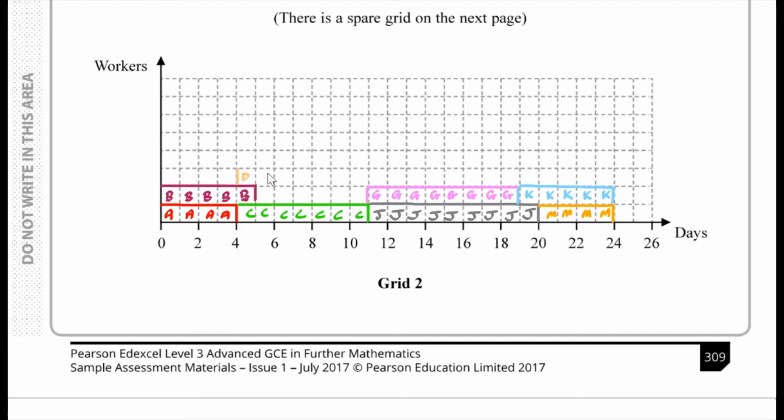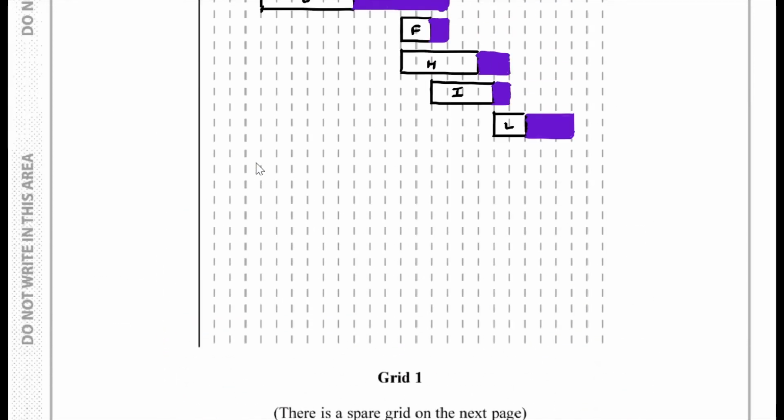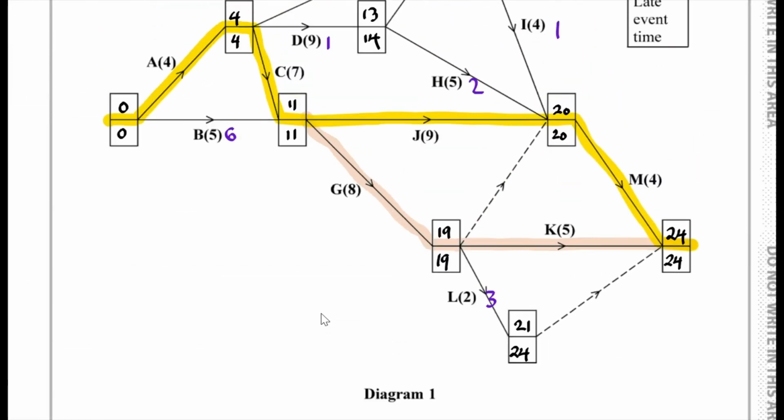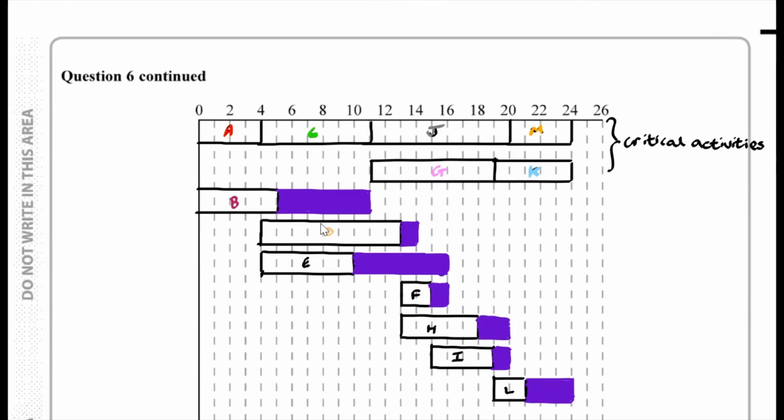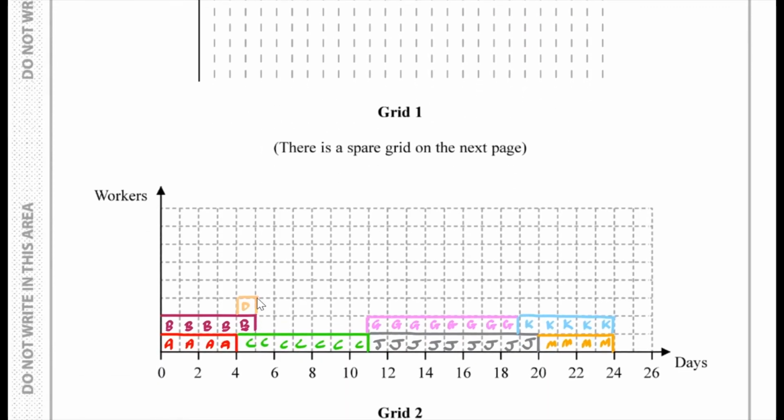And D has a duration of, if we go back, D has a duration of 9. So one of them days is taken up, so we have day 2, day 3, day 4, day 5, day 6, day 7, day 8 and day 9. So far we see that we require 2 workers, we require 3 workers so far.